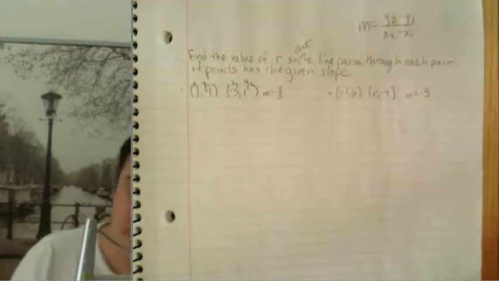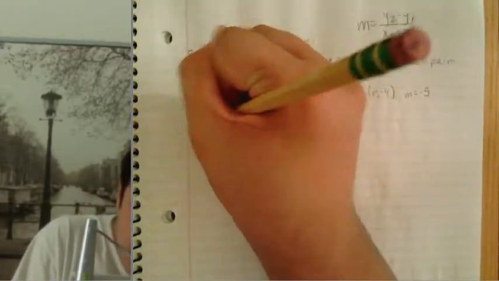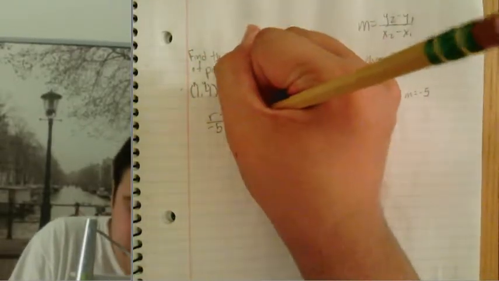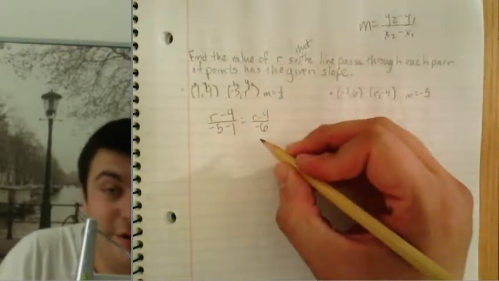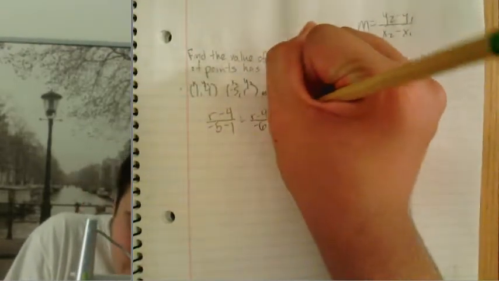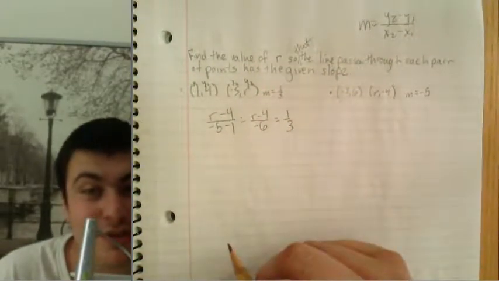So let's see, x1, y1, x2, y2. So I'm going to take r minus 4 over negative 5 minus 1, which is r minus 4 over negative 6. And I know that this slope equals 1/3. So r minus 4 over negative 6 equals 1 over 3.